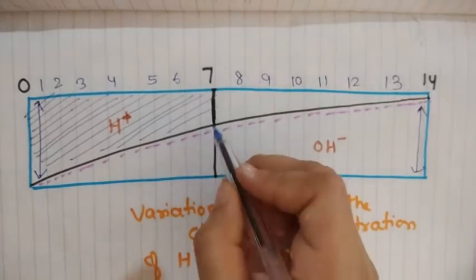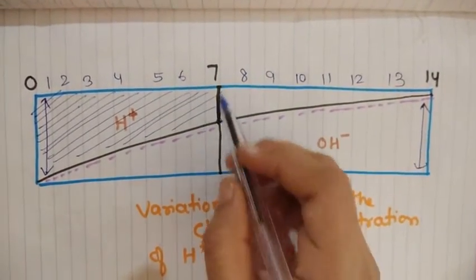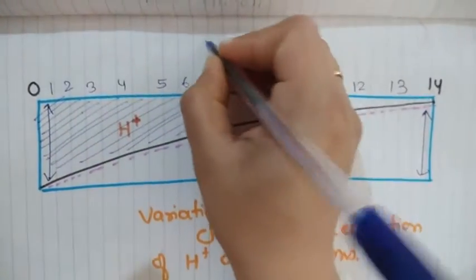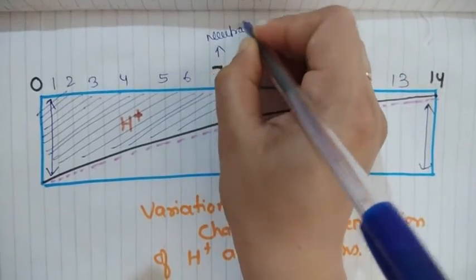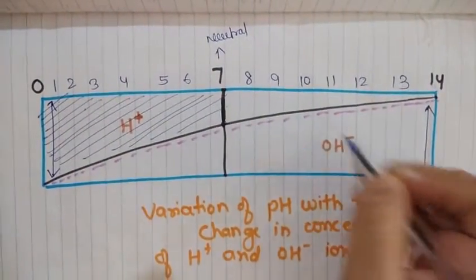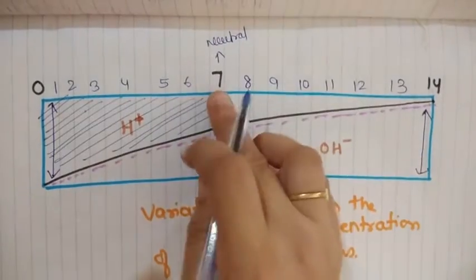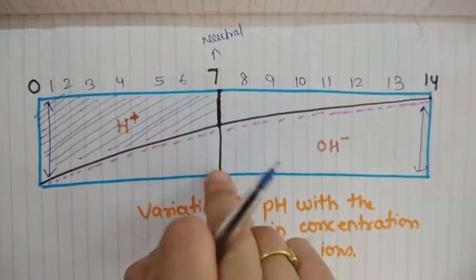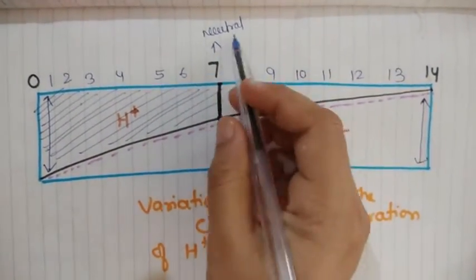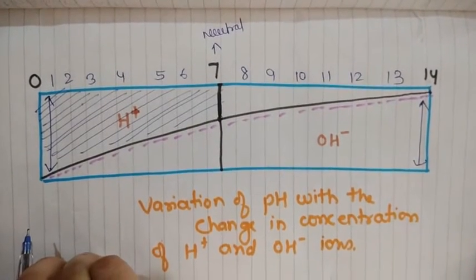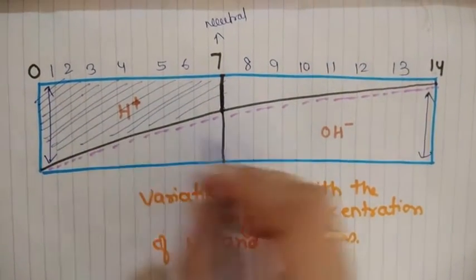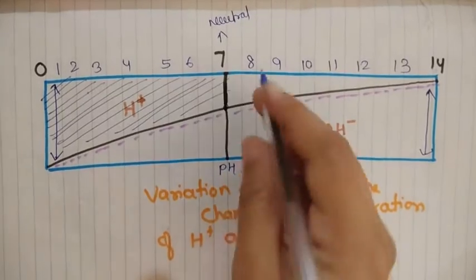At 7, the solution is known as neutral. Why? Because the concentration of hydrogen ion and hydroxyl ion will become equal. That is why you are getting the value 7, and the pH will be neutral here.